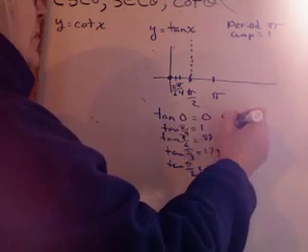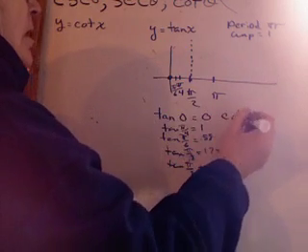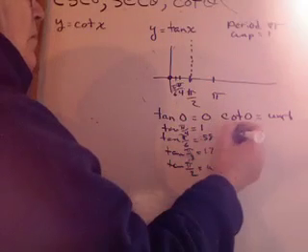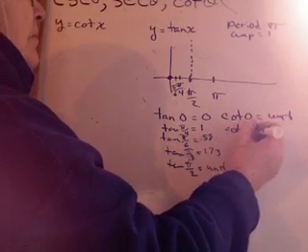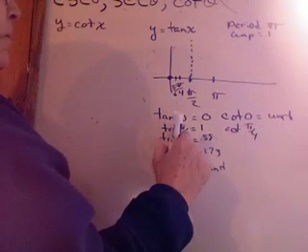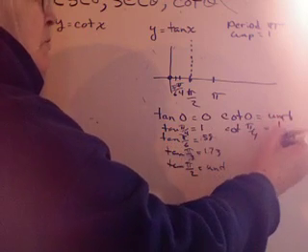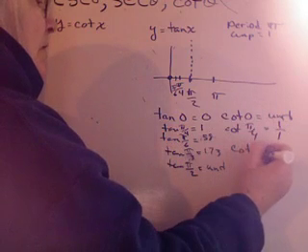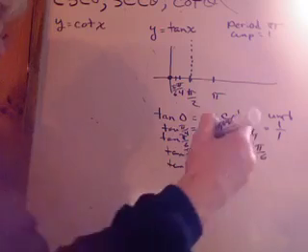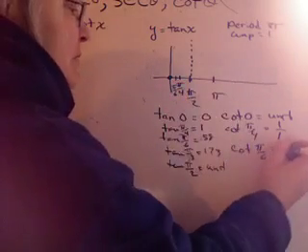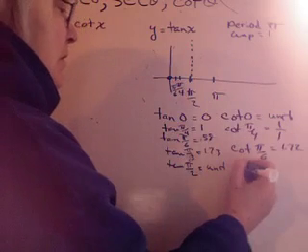So what's the cotangent of 0? Well, the reciprocal of 0 is undefined. What's the cotangent of pi over 4? Well, the tangent of pi over 4 is 1, so the cotangent is the reciprocal, 1 over 1. The cotangent of pi over 6: tangent is 0.58, so the reciprocal of 0.58 is about 1.72.